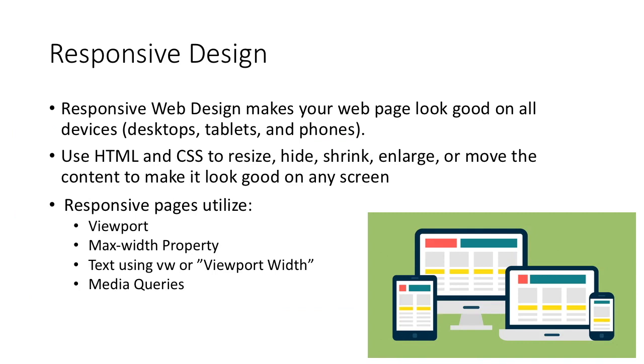So you have different types of properties you can use. The most important one, when you're doing a responsive page, is the first thing you want to set: the viewport and the meta, which I'll go over next. Then you'll have the max width property, which we were talking about with the images.